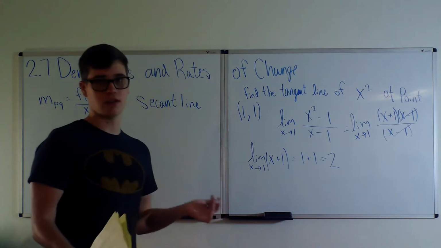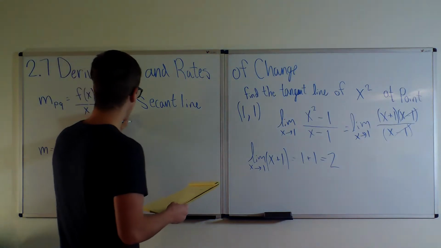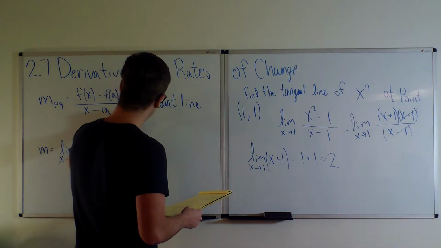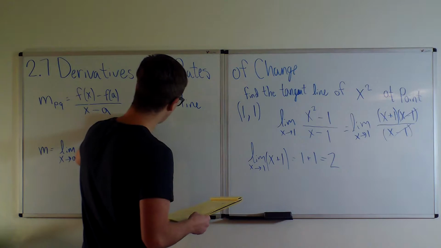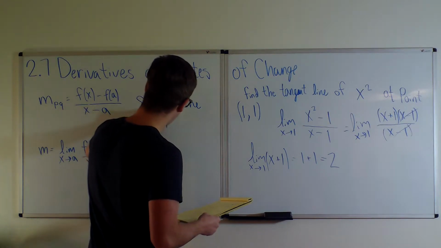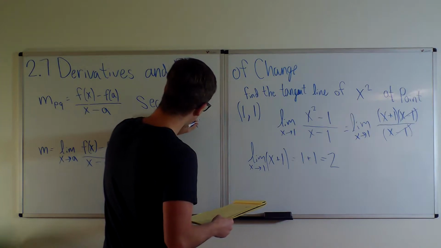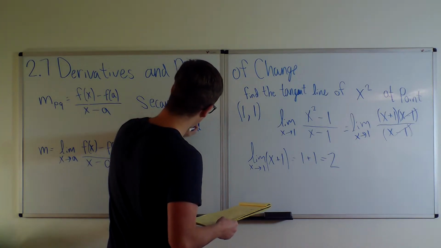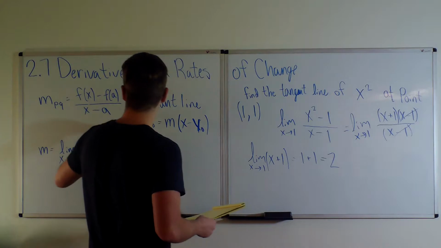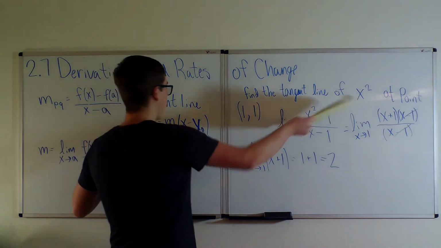So now we have our slope of 2, and then we plug it into the point slope formula. If you don't remember it, it is y minus y naught equals m times x minus x naught, where y naught and x naught are the point.